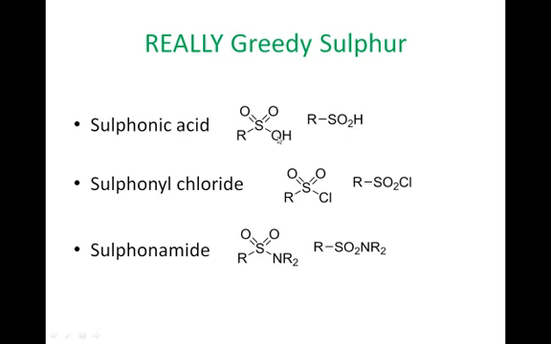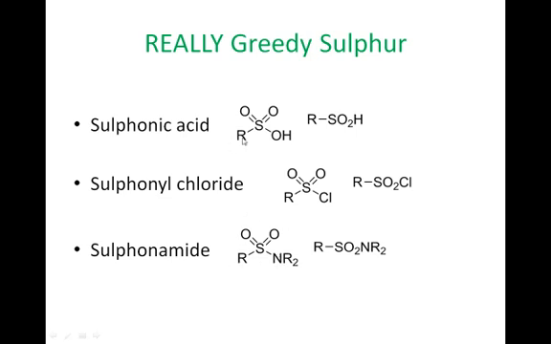sulfonic acid. If you replace the OH with the chlorine, we'll call that a sulfonyl chloride. So it's a bit like an acid and an acid chloride, except it's a sulfonyl group. So this is a sulfonyl group. This is sulfonic acid, sulfonyl chloride, and then if you have your amino group here, that's a sulfonamide.